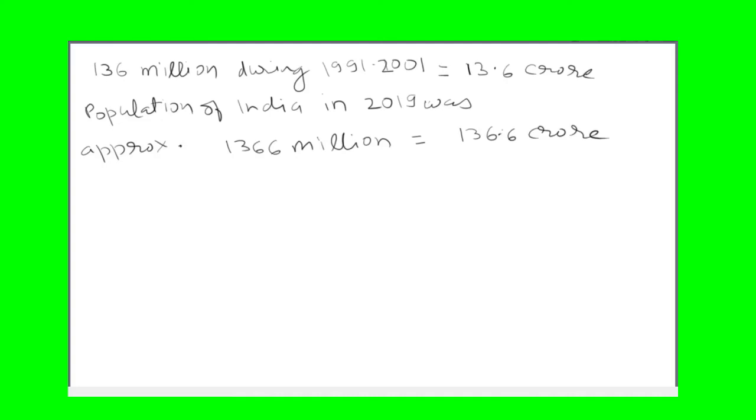We write some populations of other countries. The population of USA is 328 million at the end of 2019.